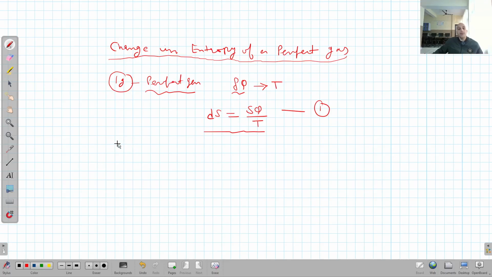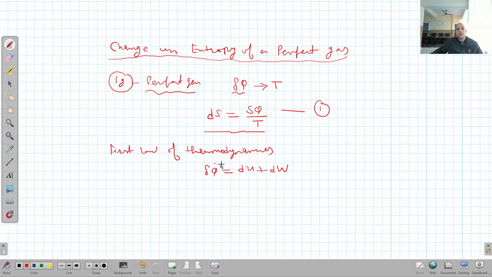According to the first law of thermodynamics, delta Q is equal to dU plus dW, right?